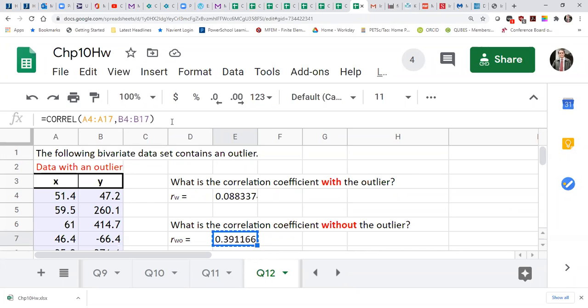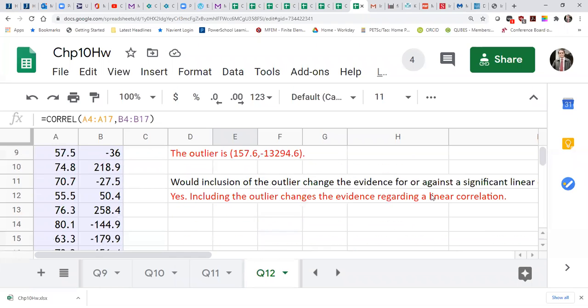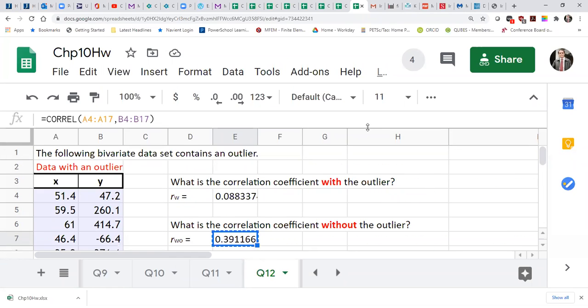So your data for without the outlier is from A4 to A17 and then B4 to B17. You got it? Okay.